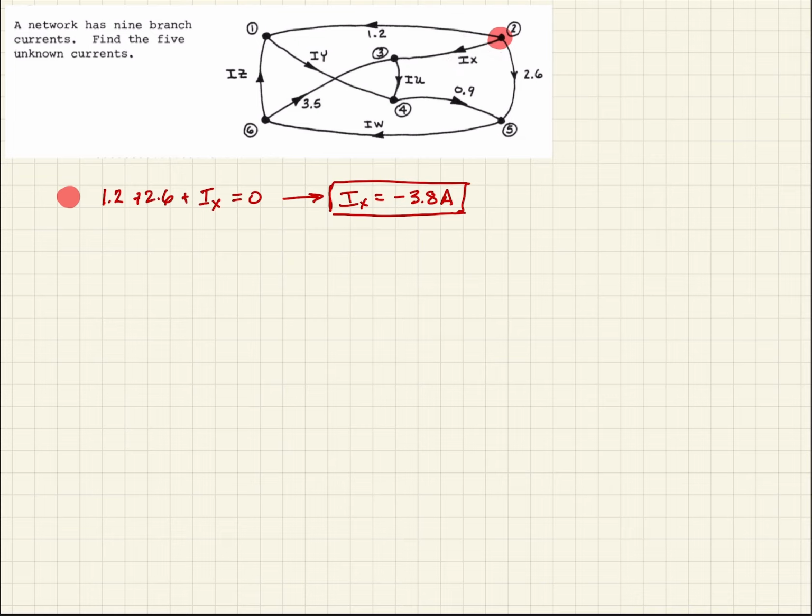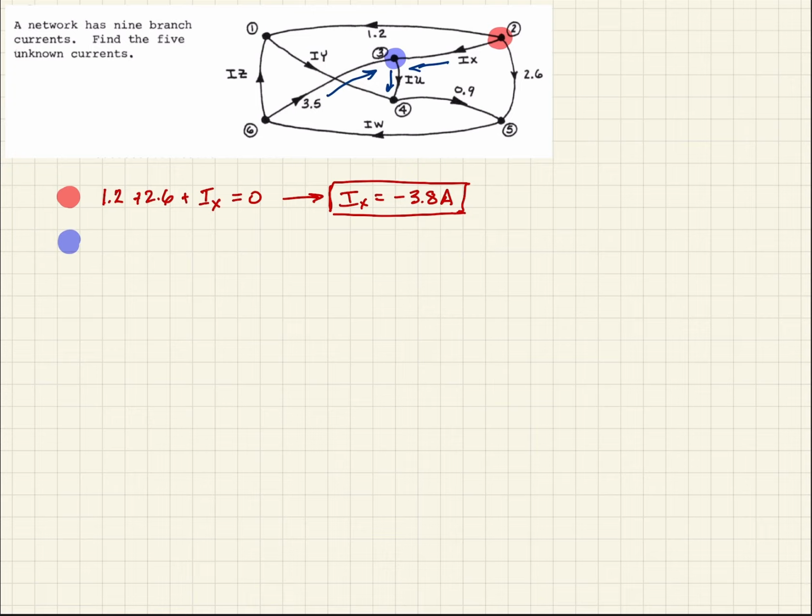So now we want to look at node 3. When we look at node 3, let's see what we can figure out. Again, we've got current coming in here, current coming in here, and current leaving here. So there are 3 paths, and if we add all those up, they should equal 0.